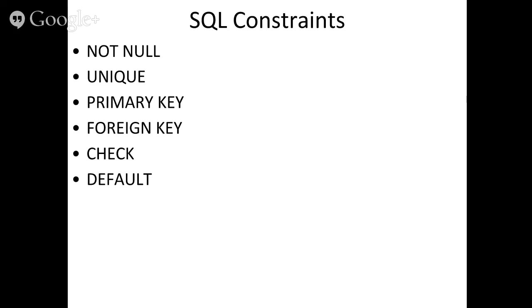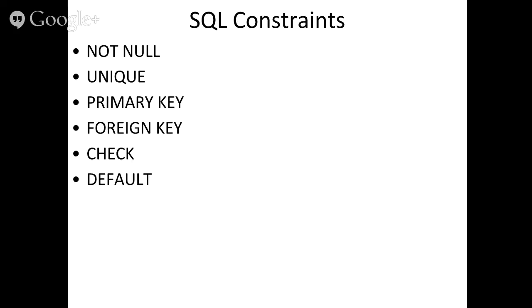We can enlist the help of the database to say, don't allow inserting a record if you don't have a value for this field. I don't want it; don't insert it in the database. So I could label certain fields so that the database will reject records whose particular field is null. The way we do that is next to a field, we would say not null. This cannot be null.